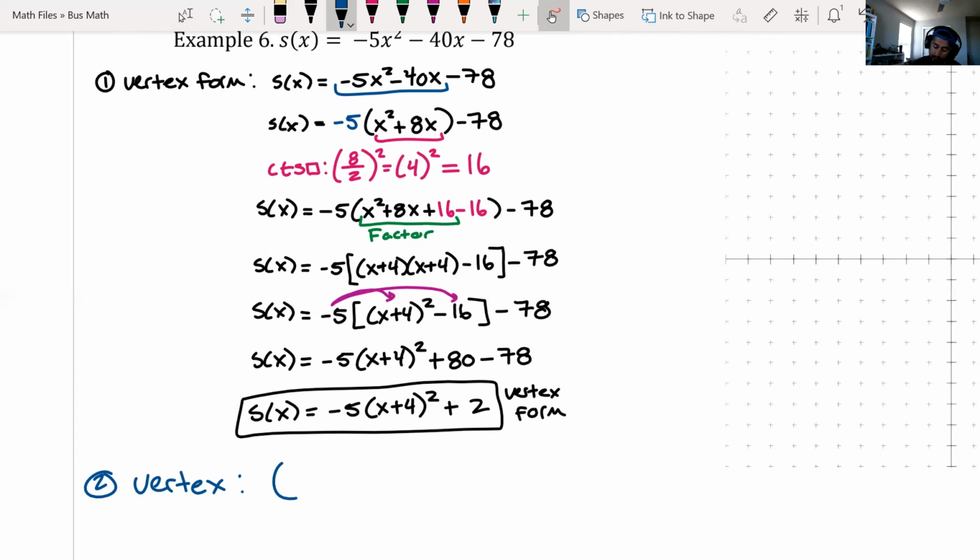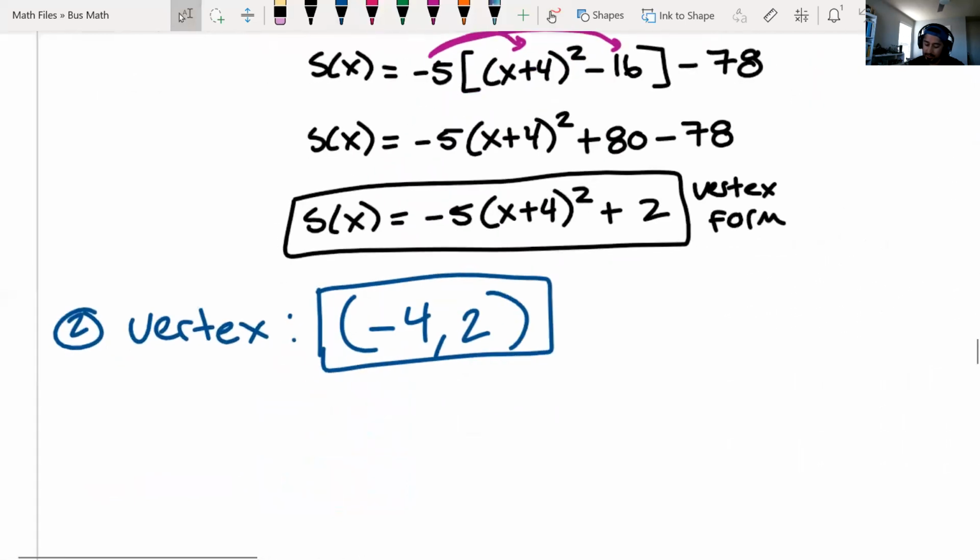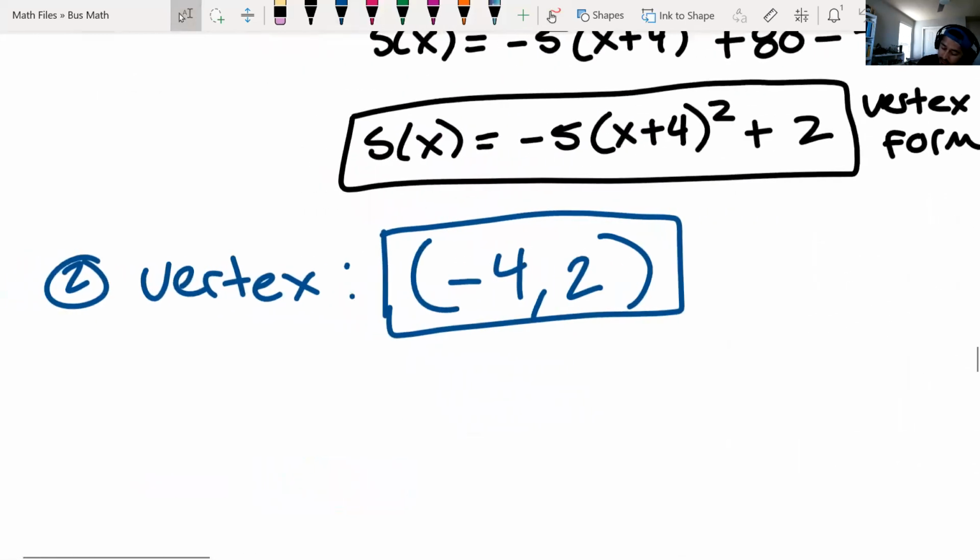Remember, -4, always opposite. -4, 2. There we go. -4, 2. Yes. Okay. Cool. So next, we move on to intercepts.